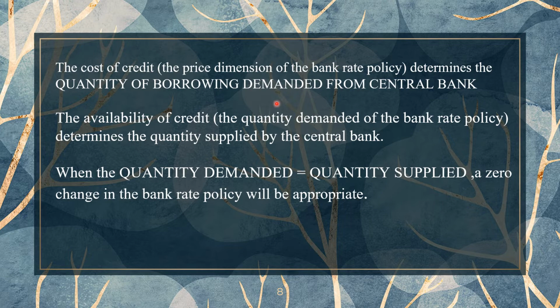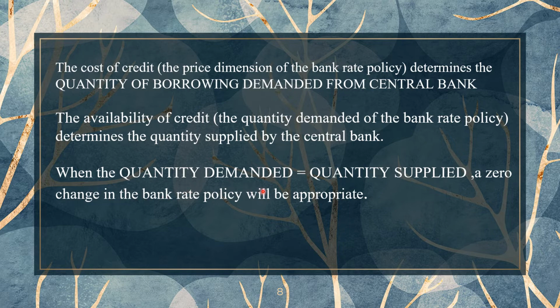Second point is the availability of credit. How are you getting the credit available to the commercial banks? That thing will determine the quantity supplied by the central bank. Right? Borrowing demanded, one thing, quantity supplied, one thing.